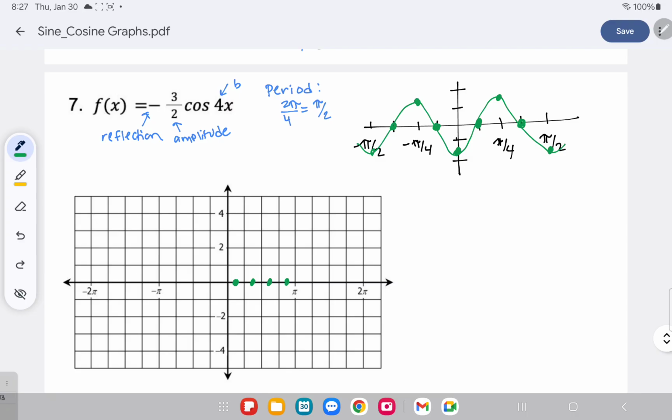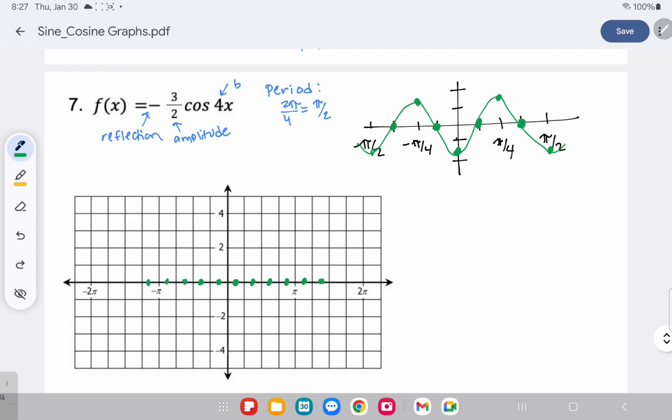There are our x-intercepts. Our x-intercepts are happening every pi over 2, and by every pi over 2, I mean every pi over 4, which, I guess technically they are going up every pi over 2.